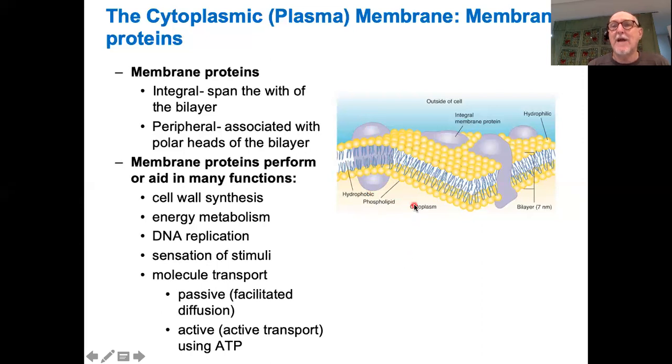They will actively grab stuff and move it in one direction or the other. Most often, proteins are grabbing rare substances in the environment and pushing them into the cell and concentrating them inside the cell. And that is a process which requires energy, so that is an active transport system. We'll talk about it in more detail in a while.